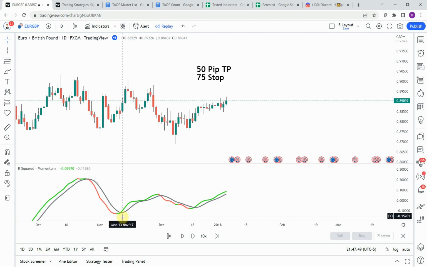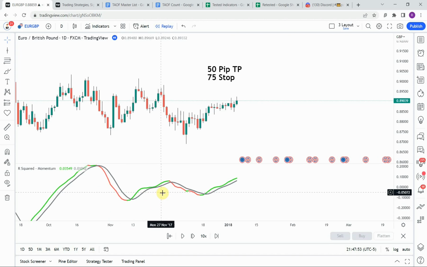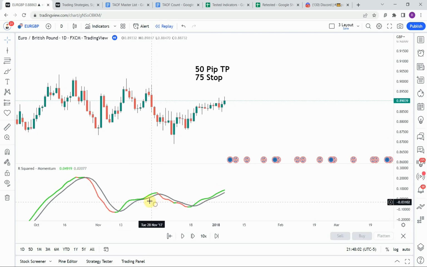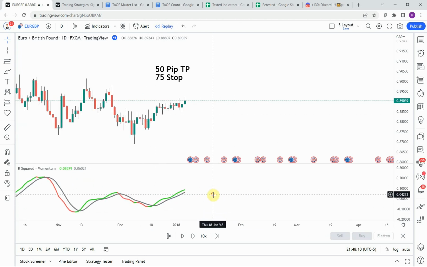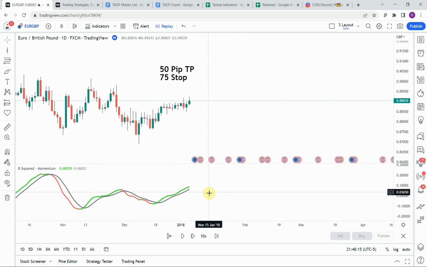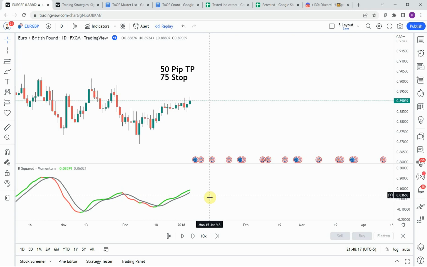As it crosses up above that plot line, we are looking for the color of the line to be green, and that will be a signal to then go long. When it crosses down below the plot line, we are looking for the coloration of the line to be red, and that is a short signal. That's the setup we're looking for. Like I said, pretty easy. Let's go ahead and get on with the testing and see what we can get out of it.